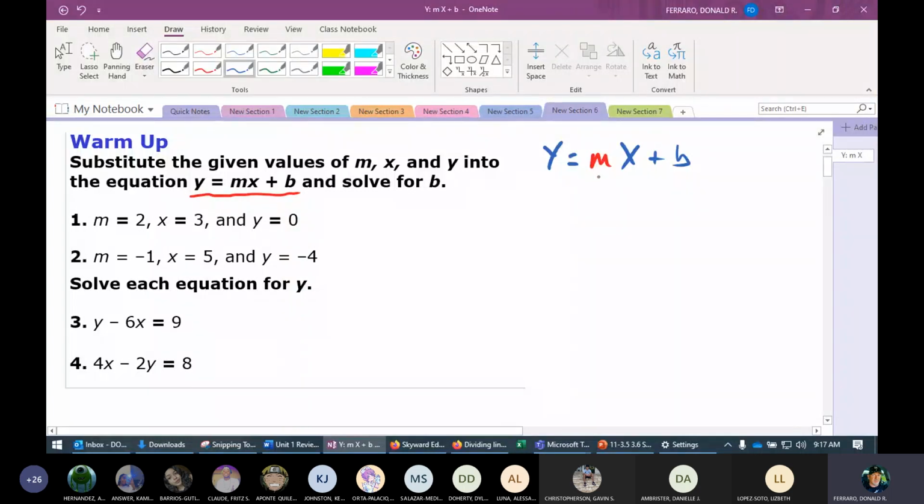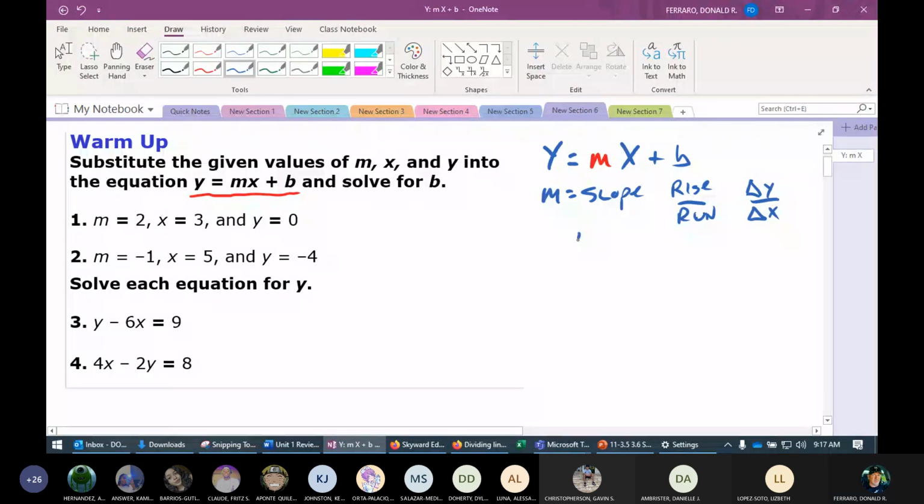M is our slope, where it's the rise over run, or the change in y over the change in x.